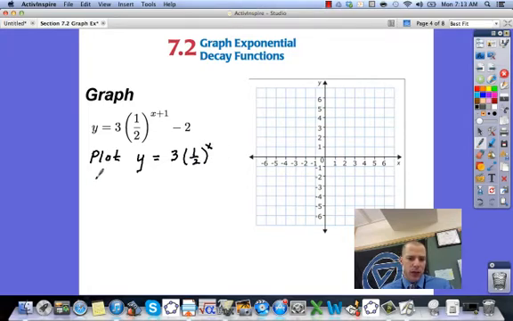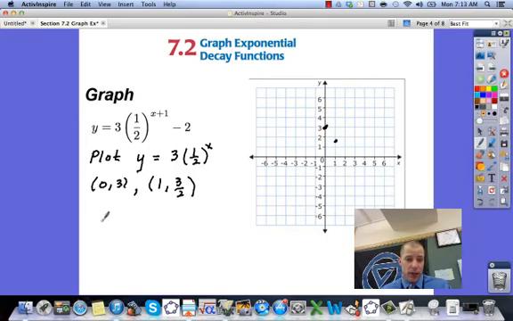So we can use 0, 3, right? Anything to the 0 power is 1, so this whole thing is 1, times 3 is 3. And when you plug in 1, remember from the previous lessons, it's just a times b. So that's 3/2. So we have 0, 3, and then we have 1 and 1.5. We could try 2.